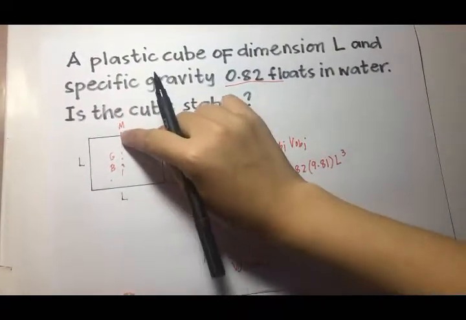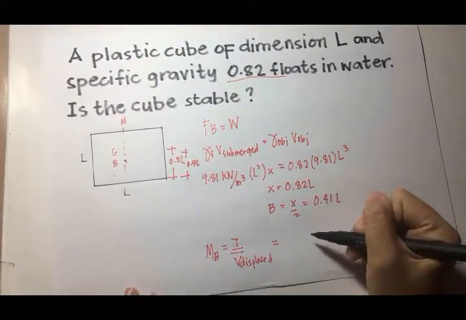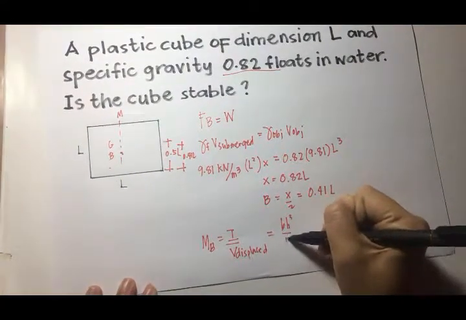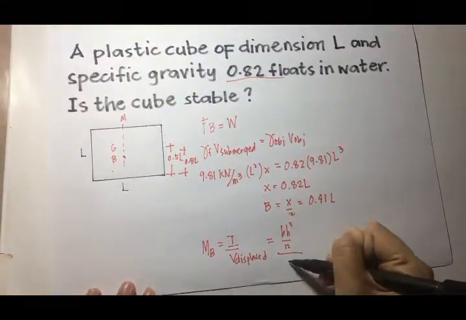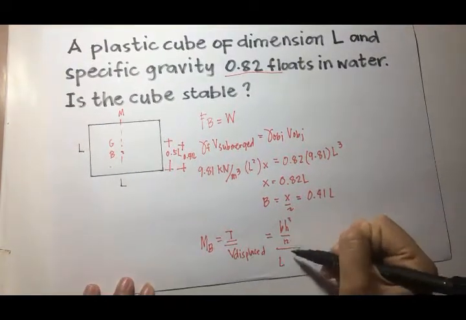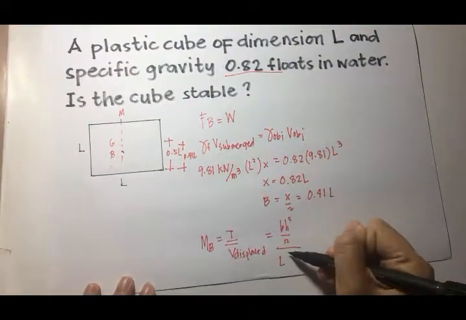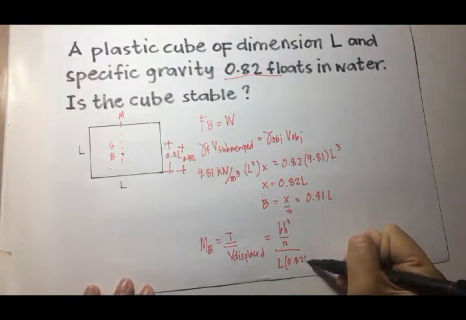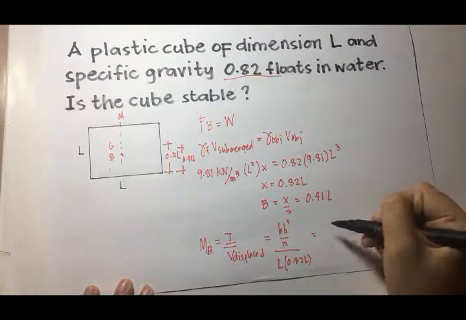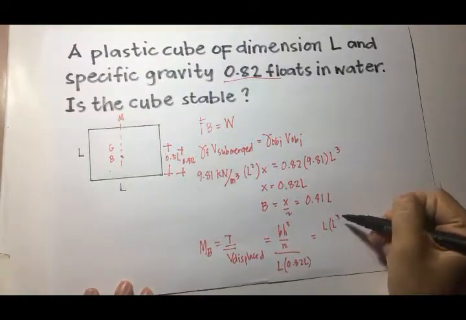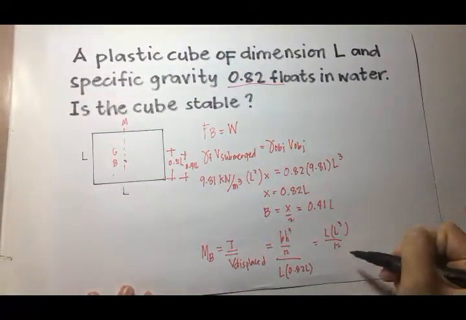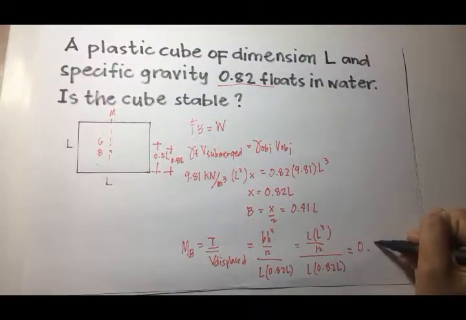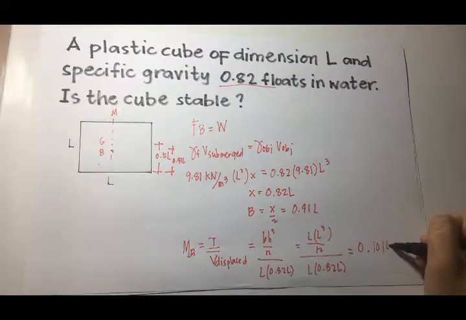Since our figure is a cube, our formula for its inertia is bh cubed over 12, over the volume displaced, which is L times 0.82 L. So this would give us a result of 0.1016 L.